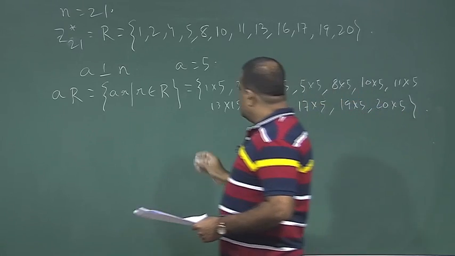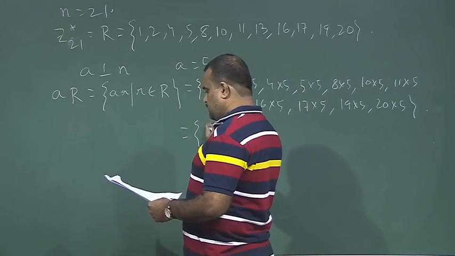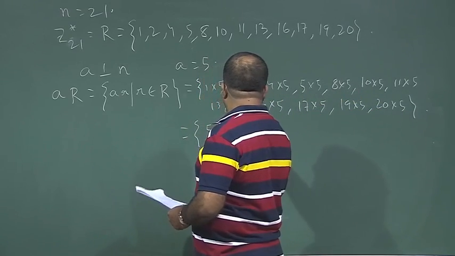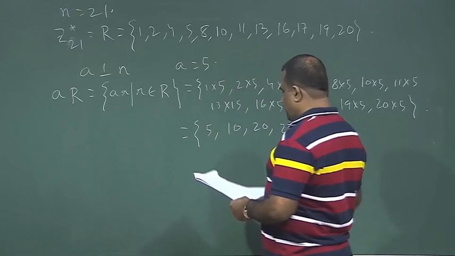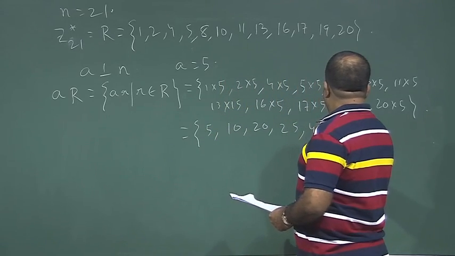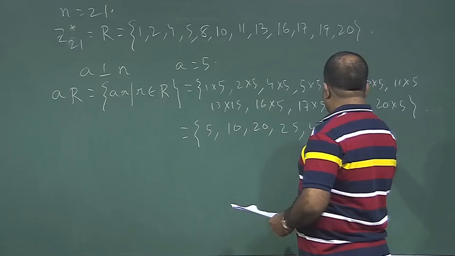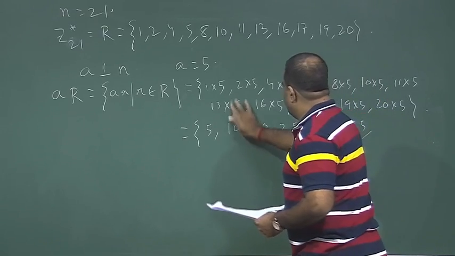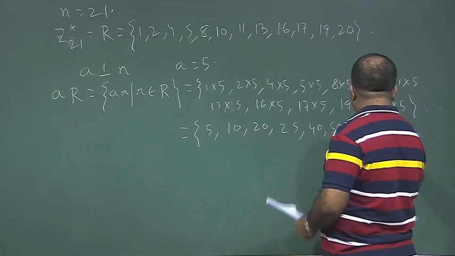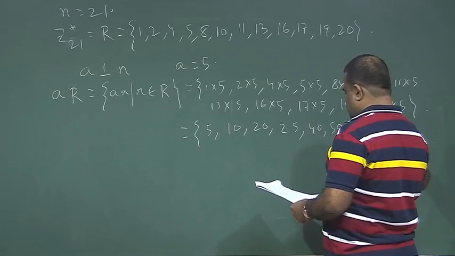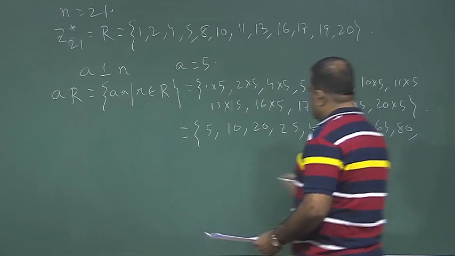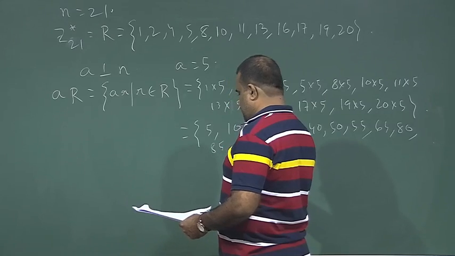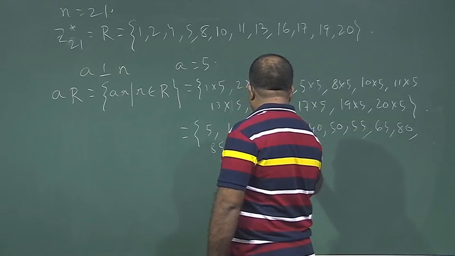Now, this will basically give us 5, 10, 20, 25, 40, 50, 55, 65, 80, 85, 95, 100.